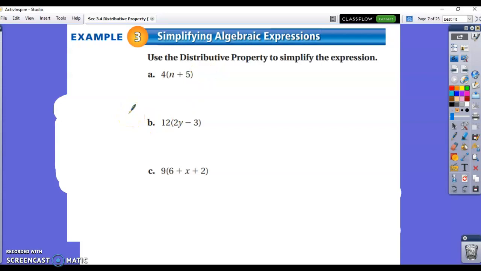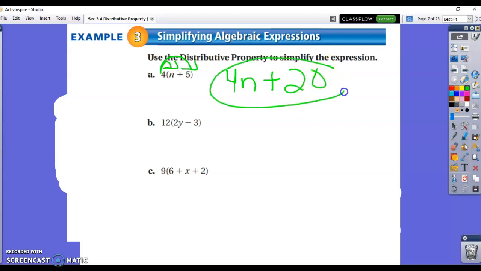We actually do the exact same thing with these problems. We just substitute any value for the letter n. So with a, I'm going to distribute 4 to n, so I'm going to multiply 4 times n, and then I'm going to multiply 4 times 5, which is 20. So that is my answer to 4 times the quantity of n plus 5.